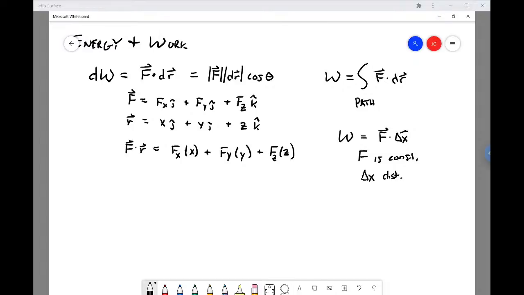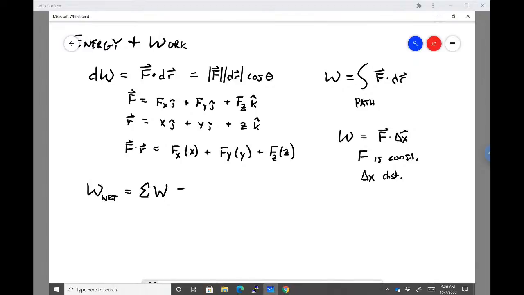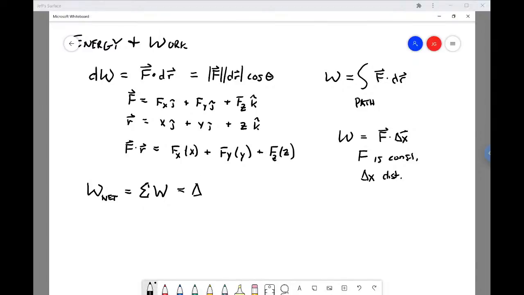All right, so some things that we learned earlier. We learned that if you think about the total amount of work, the total amount of work that's done by a net force, the total forces acting on an object, that's equal to the change of kinetic energy, where kinetic energy is another scalar quantity, 1/2 mv squared.